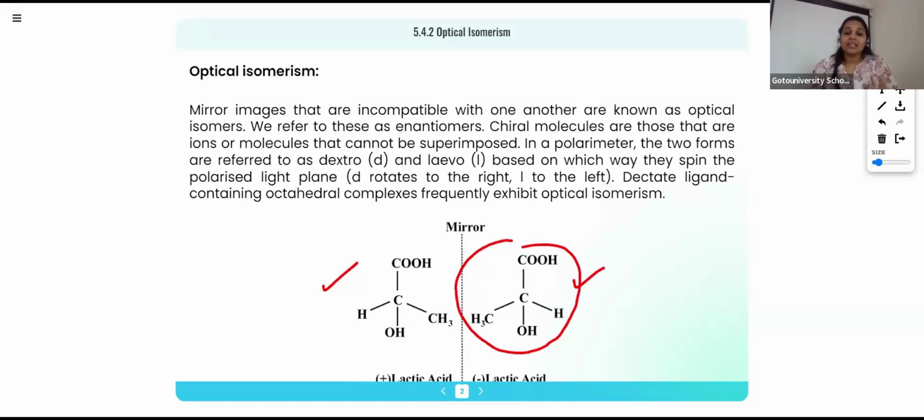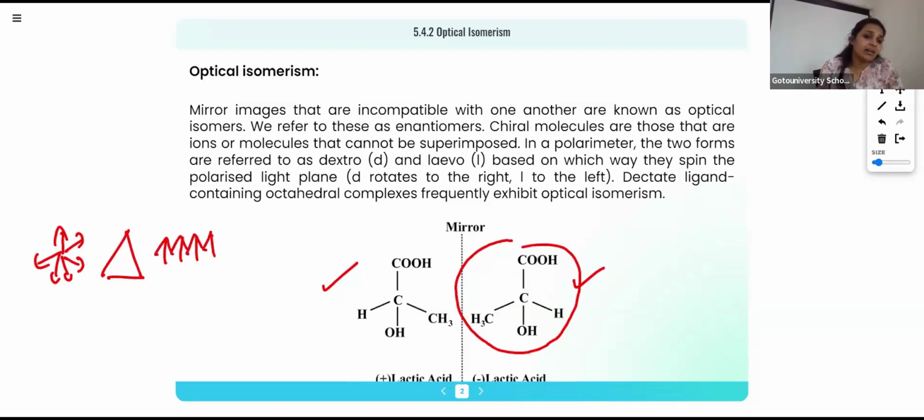Regarding optical activity, there is polarized light and unpolarized light. Unpolarized light means the light particles are vibrating in all directions. When unpolarized light passes through a polarizer, it converts into polarized light. Polarized means it is vibrating in only one direction.